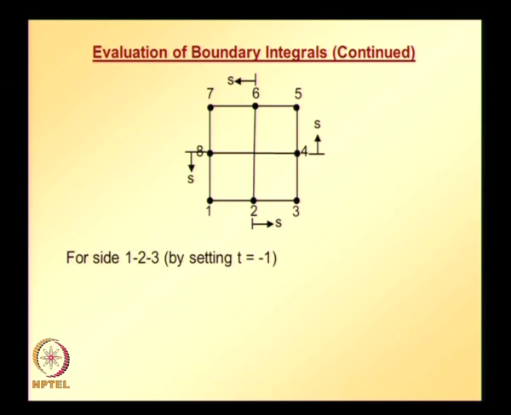So, for side 1, 2, 3, we already have shape function expressions for the 8 node serendipity element in the parent element domain.